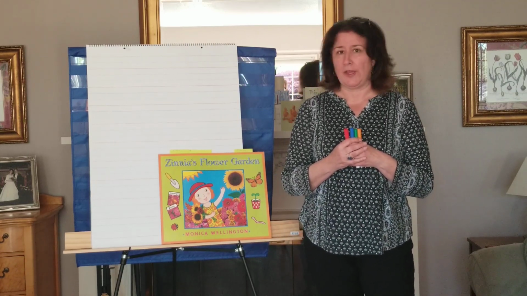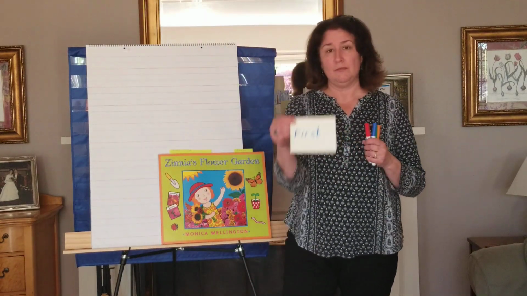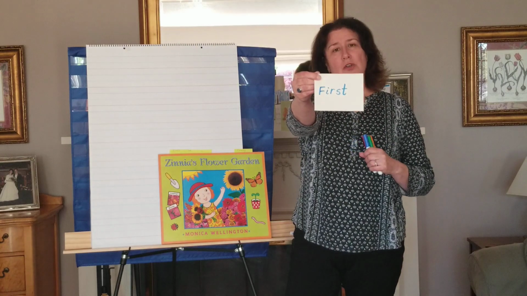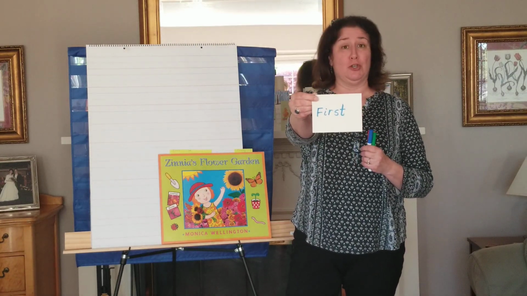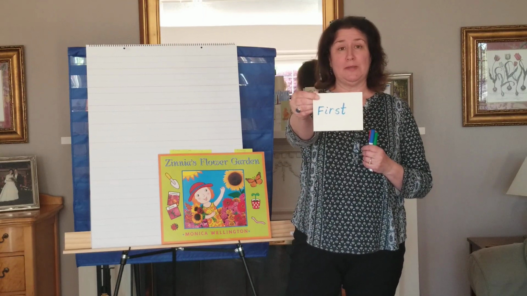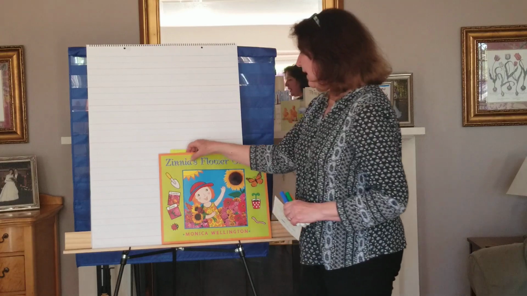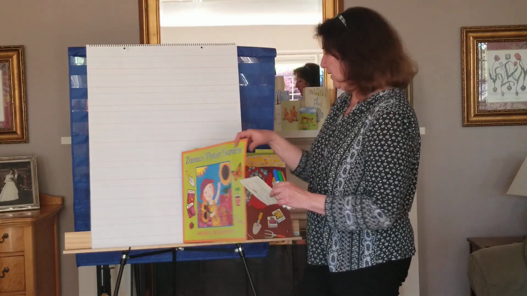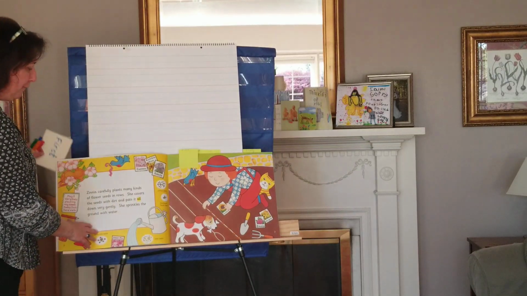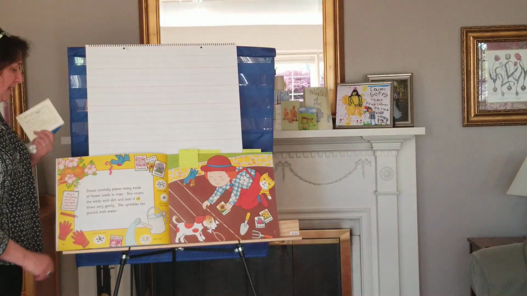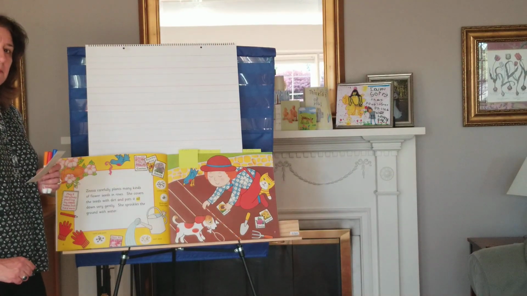Not every single thing. So my first word is first. So what was the important thing that happened first in the story? So I've got to go back to the beginning of the story. And I think the most important thing that happened first in the story is that Zinnia planted her seeds.